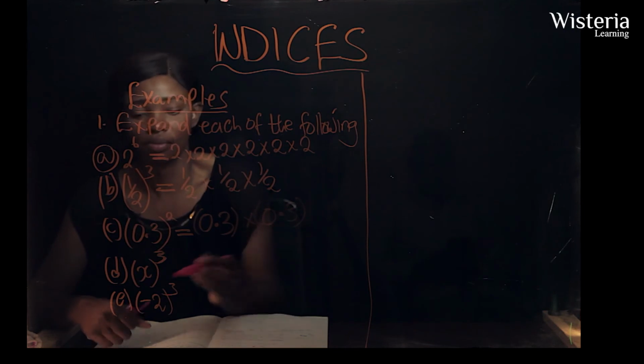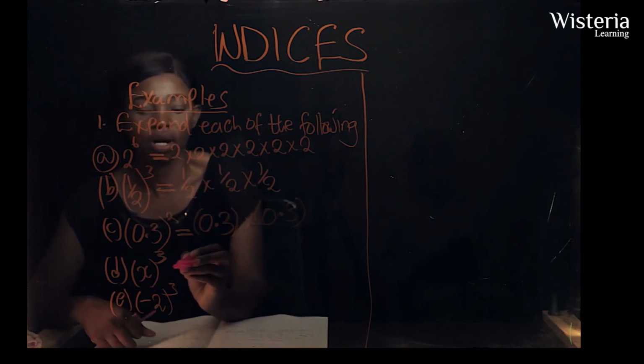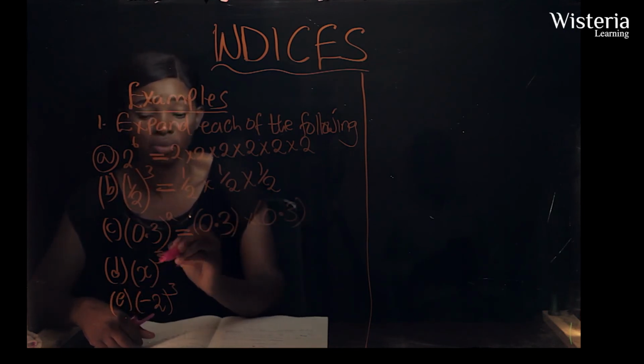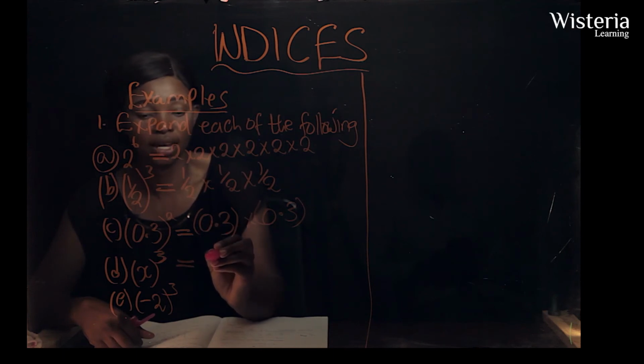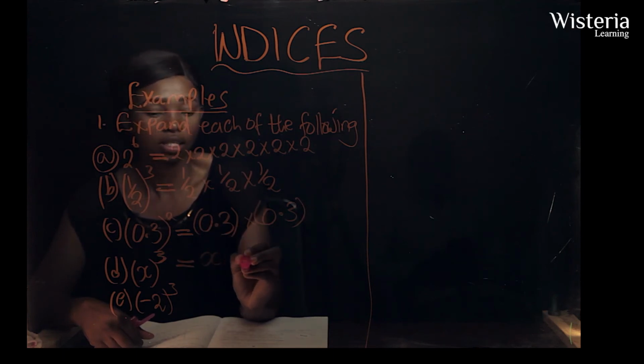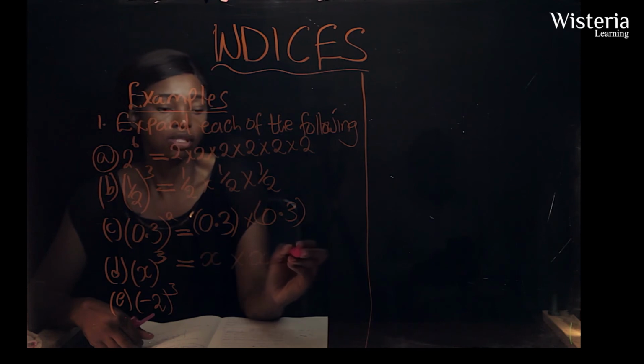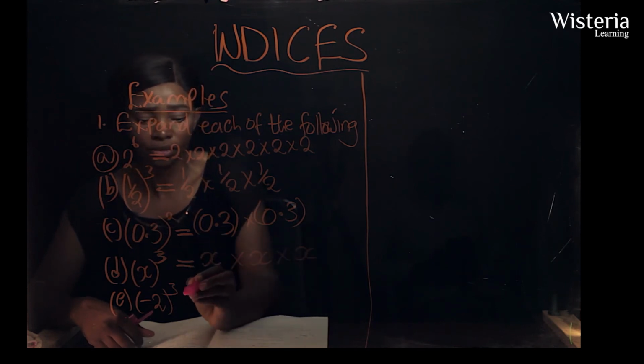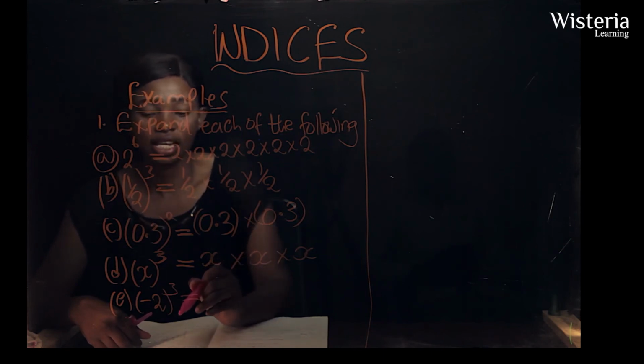So it will be 0.3 times 0.3, like that. Then x to the power 3 is telling us how many times x has been multiplied. So it will be x times x times x, like that. Last but not least, we have negative 2 to the power 3. It is telling us how many times this negative 2 has been multiplied.